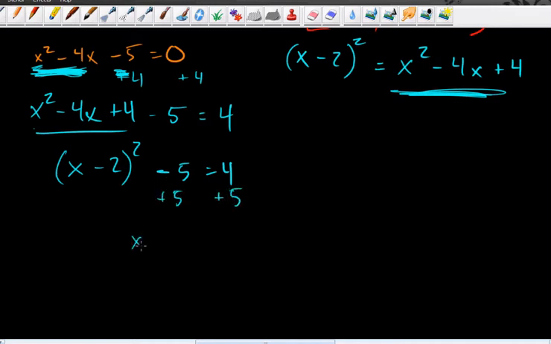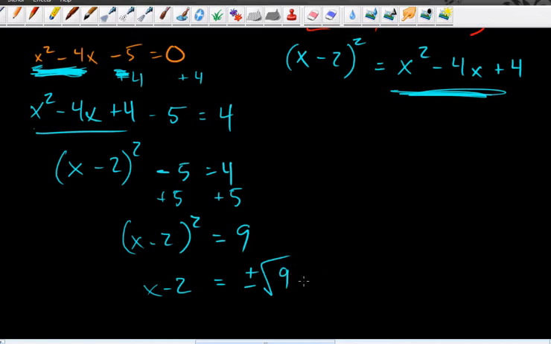Well, to solve the equation, I'm going to add 5 to both sides. And I have x minus 2 squared equals 9. Now is the step when I'm going to take the square root of both sides. On the left side, I'm just going to end up with x minus 2.